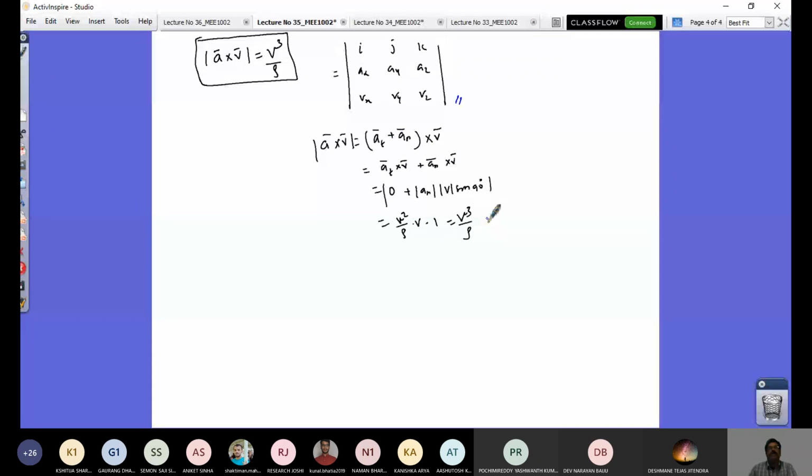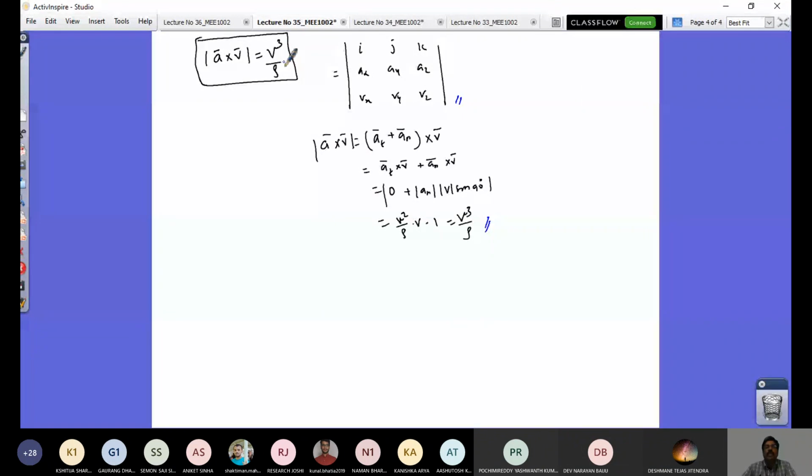We were able to prove this relationship, which is very useful in relating rectangular components with normal and tangential components. V cubed by rho: V squared by rho is An, so An into V is the magnitude of An times the magnitude of velocity. If I multiply, I get this determinant value. That is quite a useful relationship.